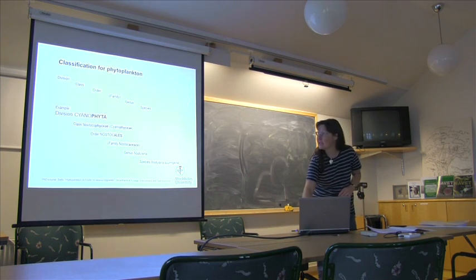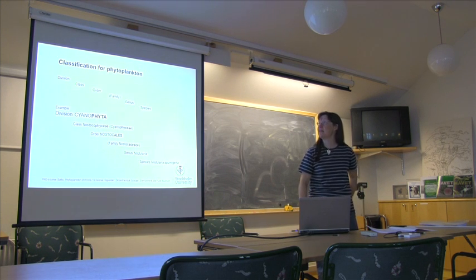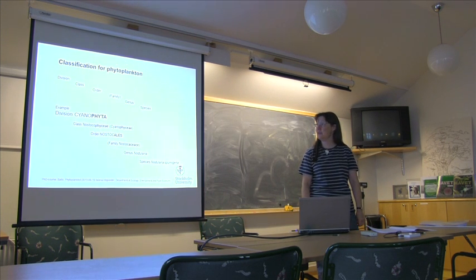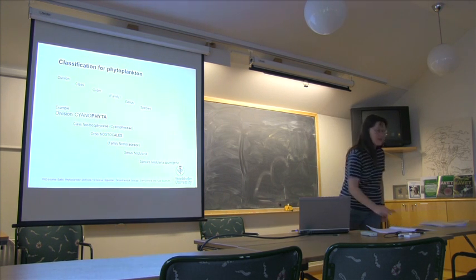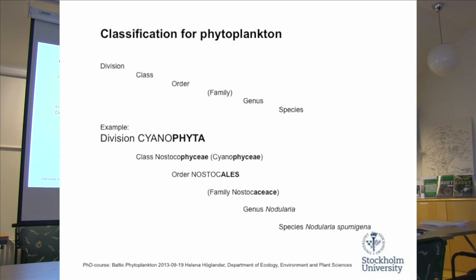And if we look at the classification of phytoplankton, we have from the highest division, class, order, family, genus, and the species. And if you're using the zoological theme, there is another ending of the division and the orders and so on.